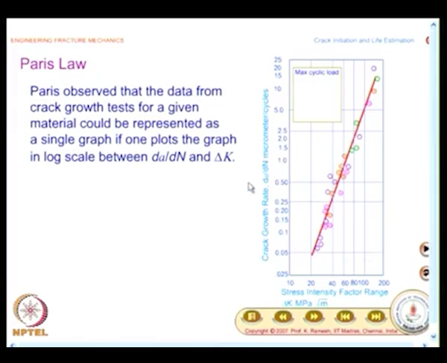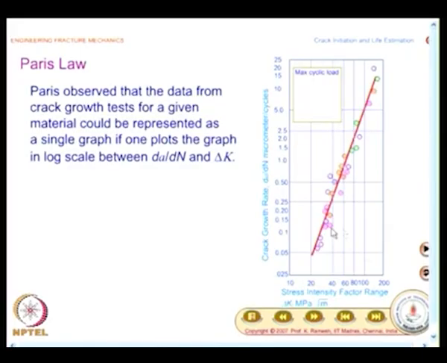And this is a challenging task. This is the log plot, and you are able to fit all the crack growth curve data for a single material into a single graph. So, that means this could be utilized in your design calculation, and this was obtained by Paris, and this is known as the Paris law.